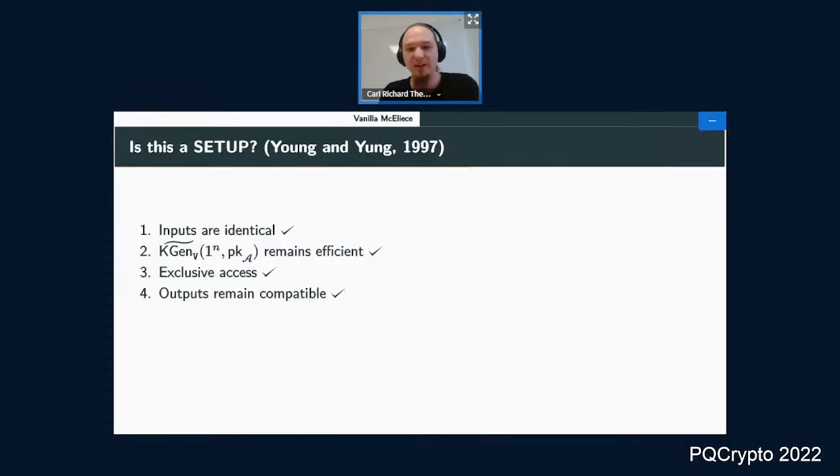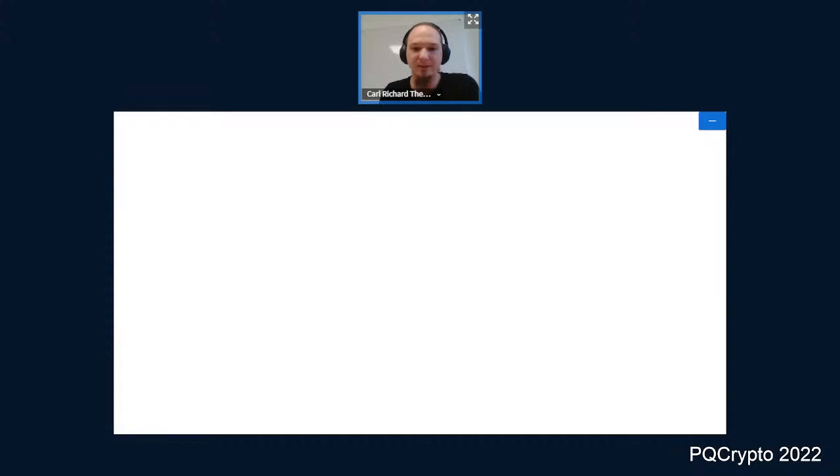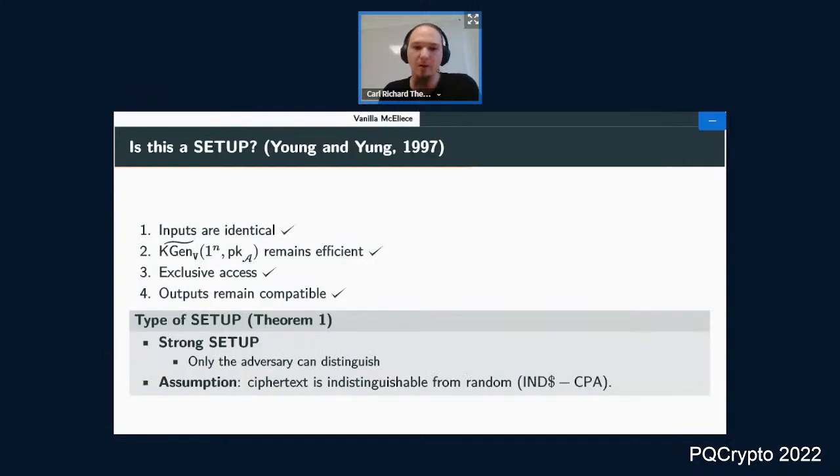And the outputs remain compatible because, as I've described before, the permutation that is chosen to create this vector is still a permutation. So in the terms of Adam Young and Moti Yung, this is a strong setup, which is only distinguishable for the adversary, who can always resort to trial decryption.